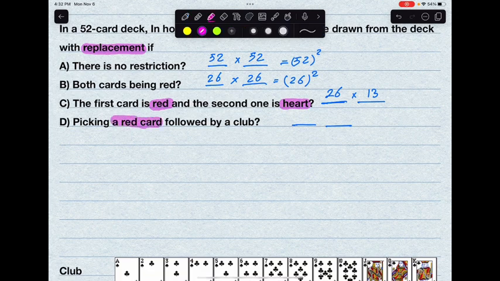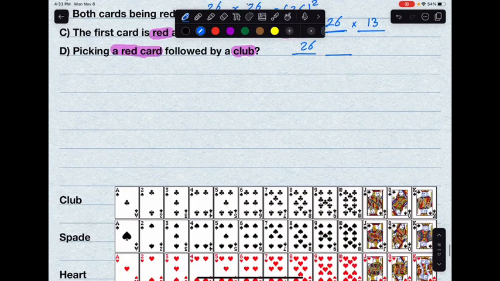Red card for the first one, followed by a club. So red cards 26, and how many clubs? We have 13 again. So that's it.